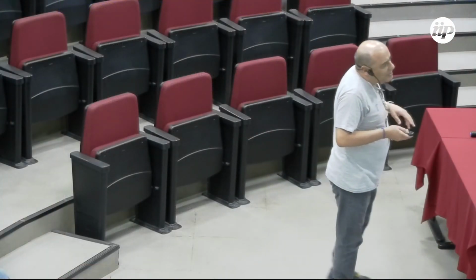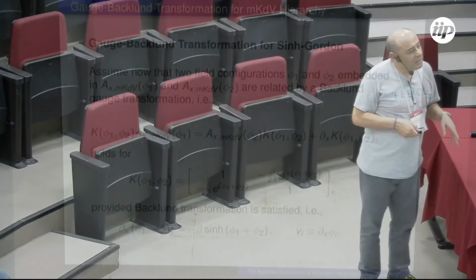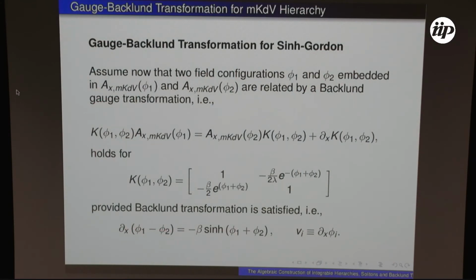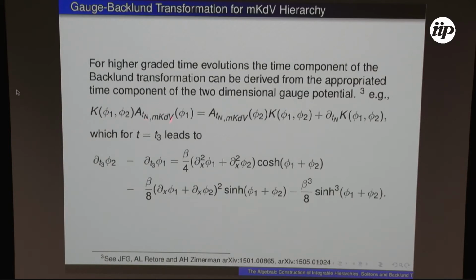Since the X component is common to all the equations, this equation is common to all. But for the time component, we assume that it also changes by the same K. And then we were able to derive the Backlund transformation for T3, which is the mkdV, which was discovered not too long ago. There is a whole book about deriving this equation.